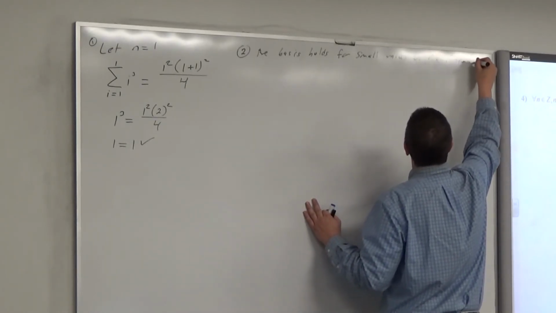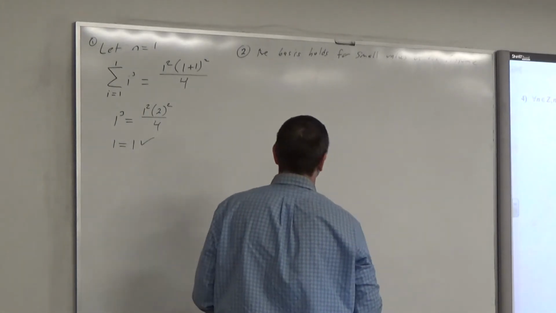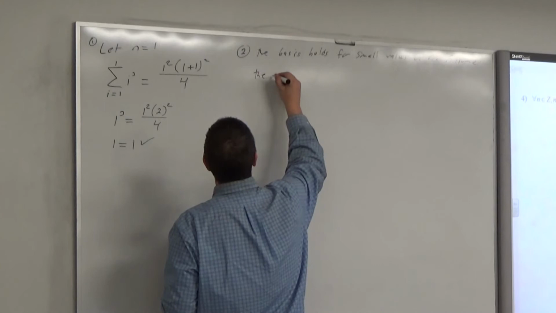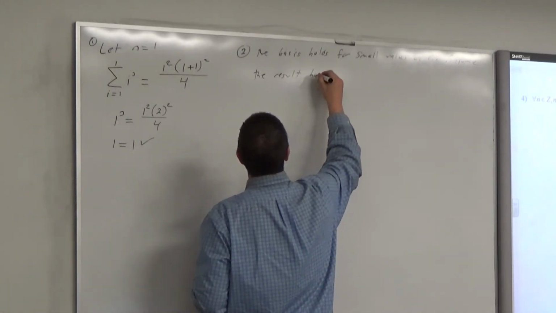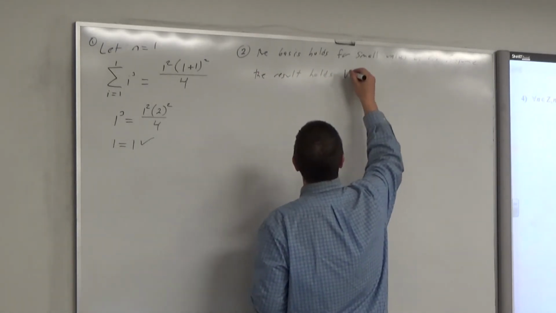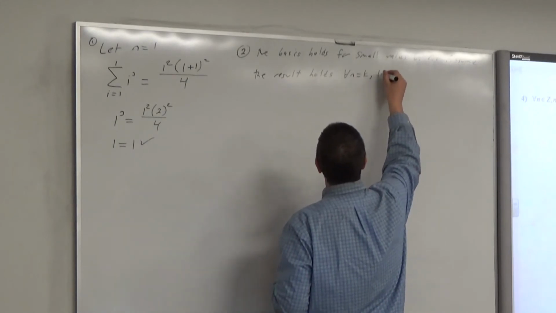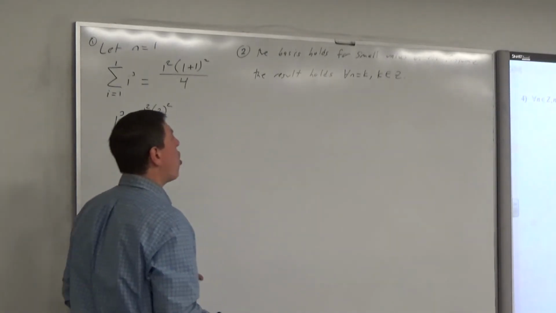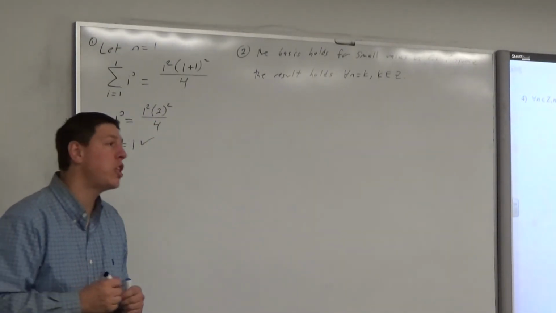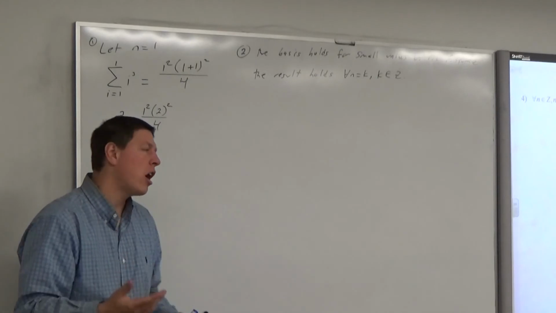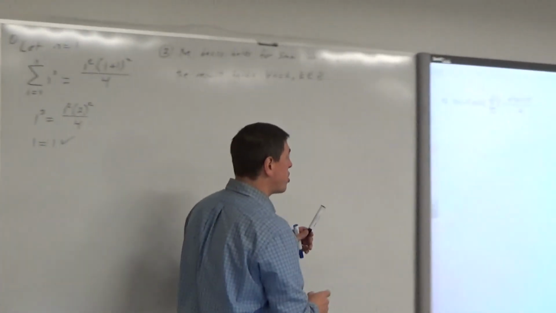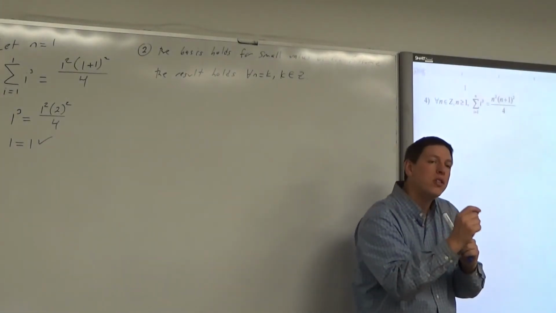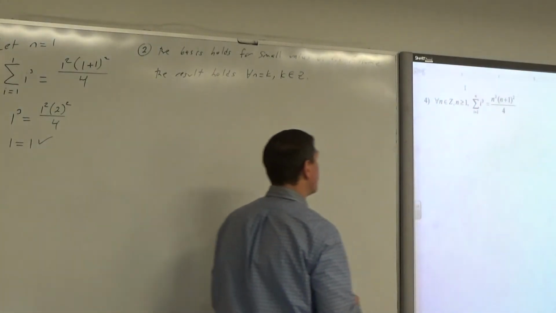Then we assume the result holds for all n equals k, where k is an integer. Therefore, we just replace all the n's with k's. We don't touch the i's. Generally, I'll get a couple students that when they rewrite this with a series, they'll mess with the i. Never mess with the i's in there. Those are basically going to be the function component, or the sequence.